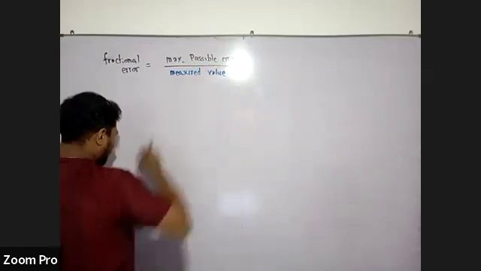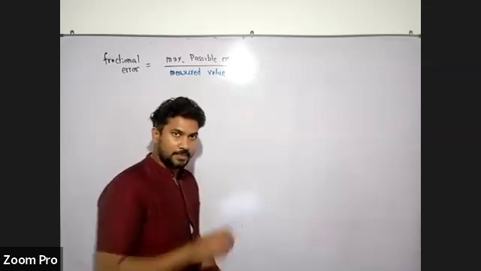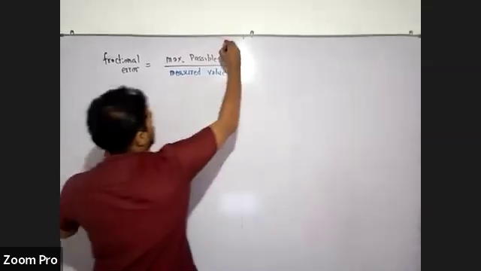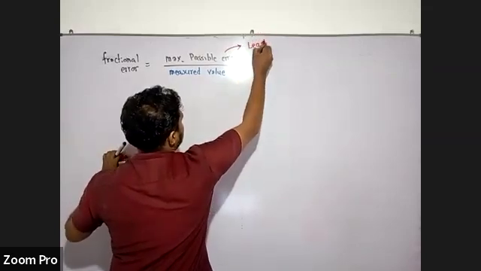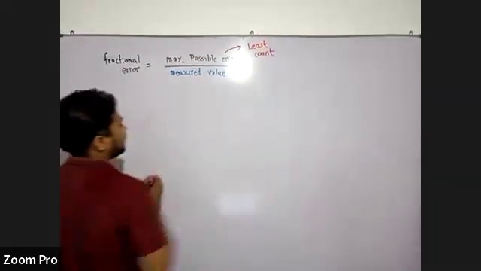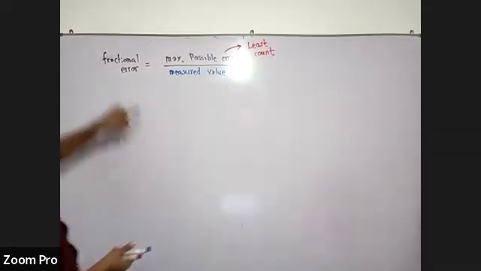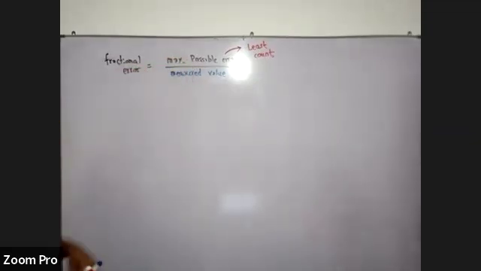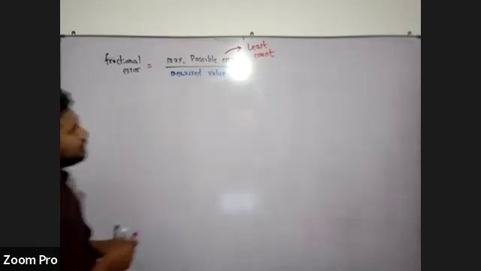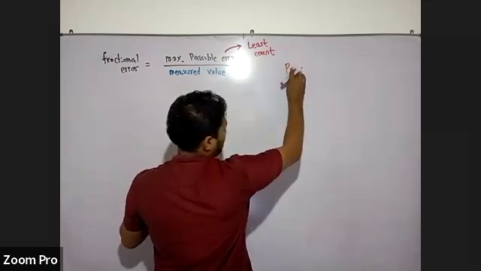You know that, guys, the maximum possible error of a measurement is equal to the least count of the measuring instrument, right? So we can consider that fractional error equals least count over measured value, right? So this is the equation for fractional error.